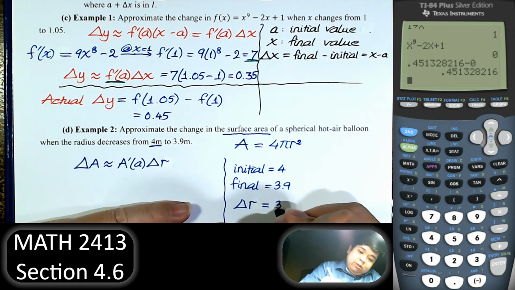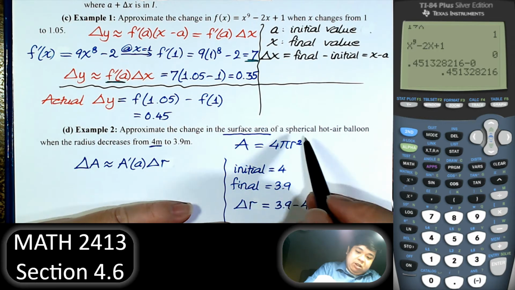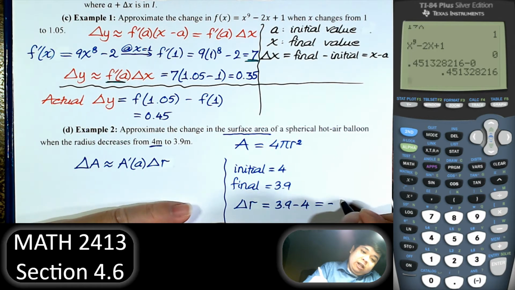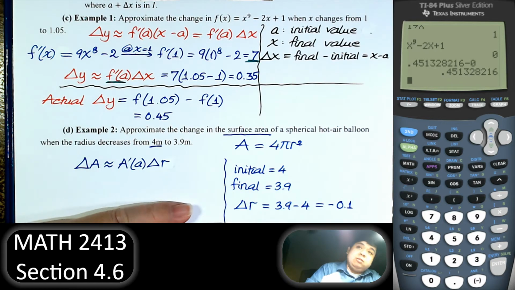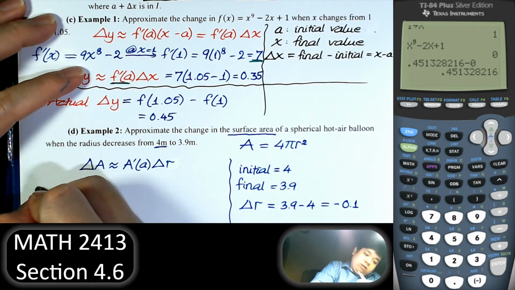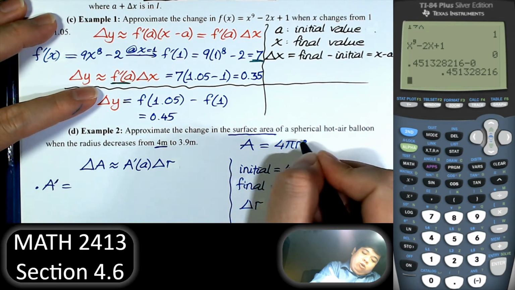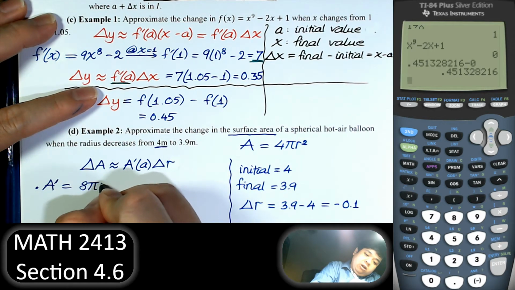Delta x is the final value minus the initial value of x, the independent variable: negative 0.1. Right? Now if we have that function, the derivative will be a pi times r.